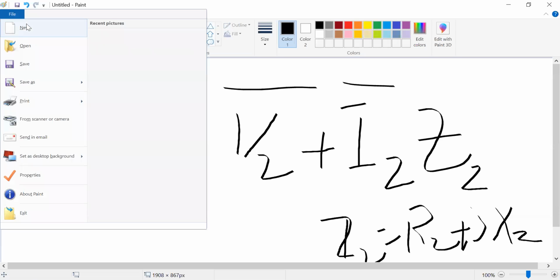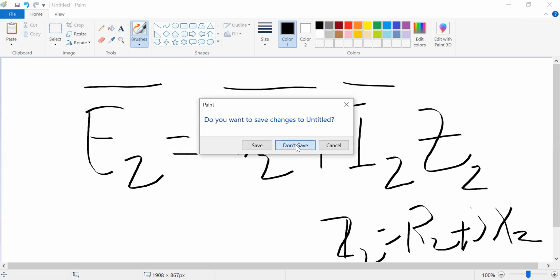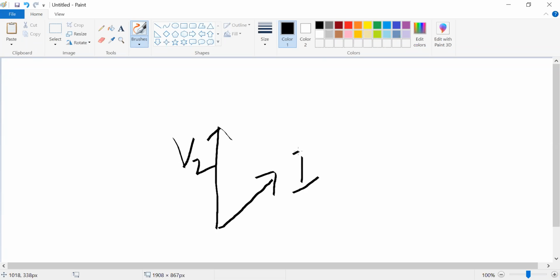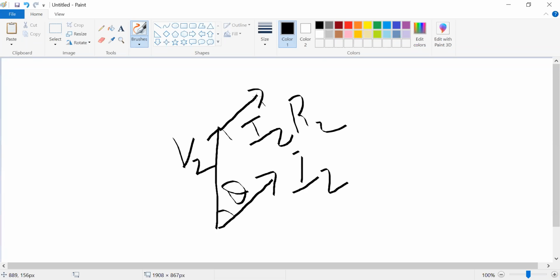We draw the phasor diagram for this one. First of all, we take V2 as the reference. At lagging power factor, current lags the voltage. So I2 R2 is parallel to I2, and the reactance component is perpendicular, that is I2 X2.